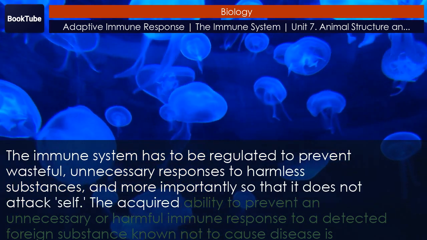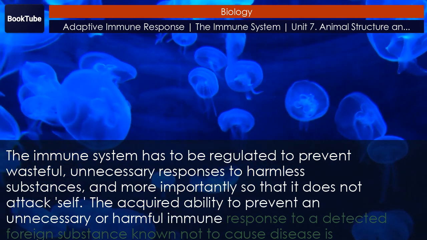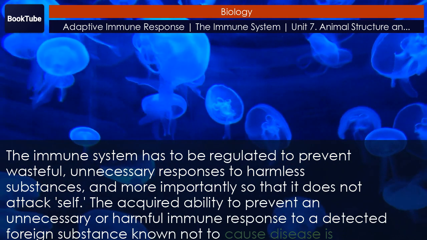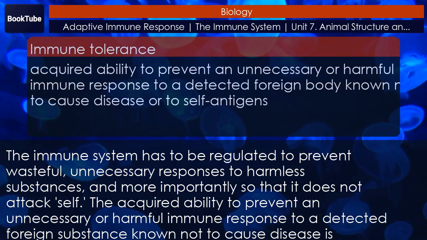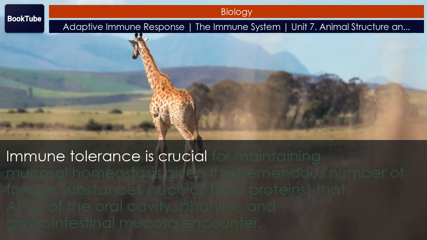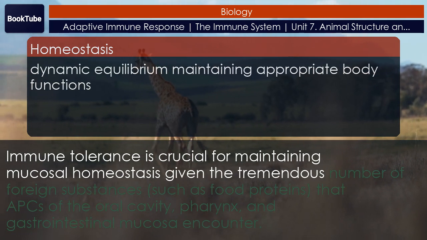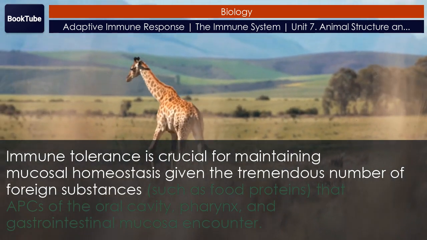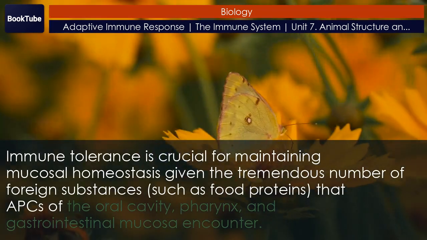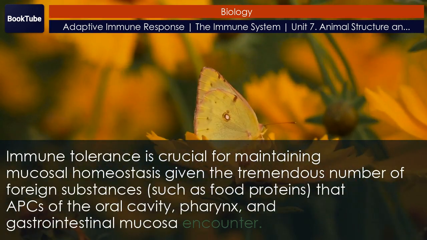The acquired ability to prevent an unnecessary or harmful immune response to a detected foreign substance known not to cause disease is described as immune tolerance. Immune tolerance is crucial for maintaining mucosal homeostasis given the tremendous number of foreign substances, such as food proteins, that APCs of the oral cavity, pharynx, and gastrointestinal mucosa encounter.